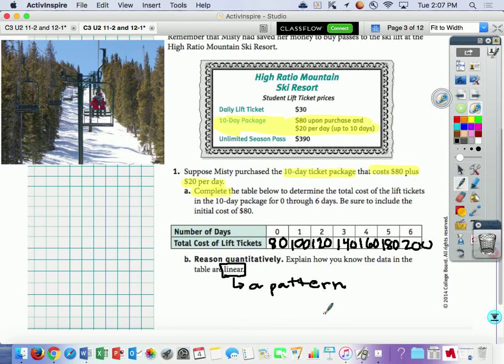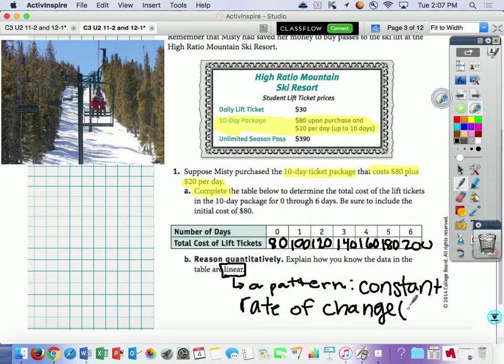This pattern is sometimes called the constant rate of change. So when I say constant rate of change, that means that they are changing by the same amount each time. Constant rate of change. So you're going up or down, okay? That means up or down by the same amount.